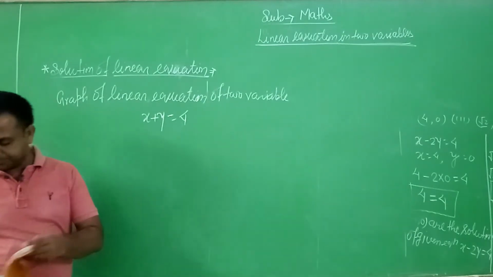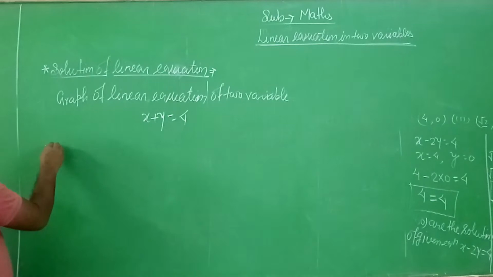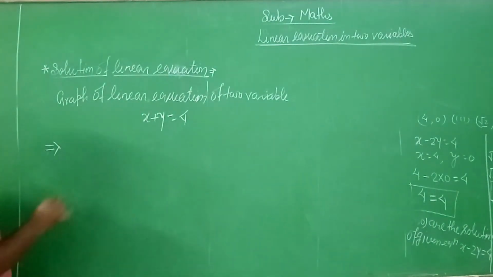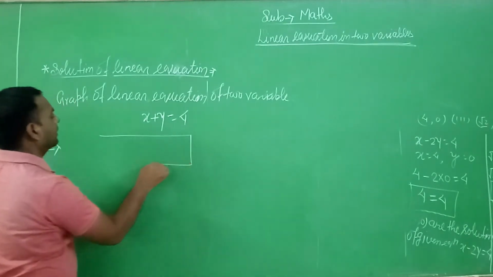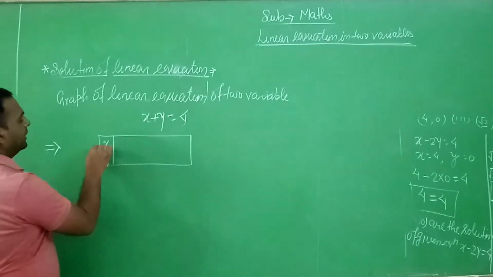Suppose the linear equation is x plus y is equal to 4. You put in values of x and y.